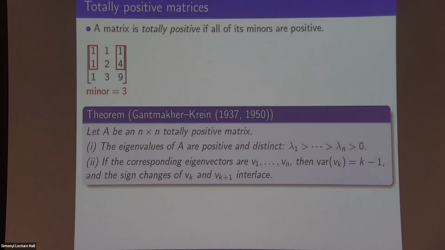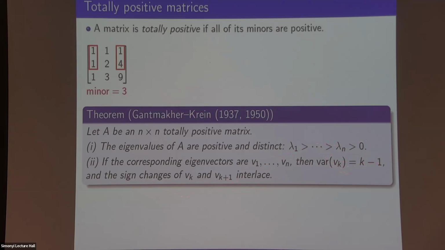If we have a square totally positive matrix, its eigenvalues over the complex numbers are positive, distinct real numbers. And if v_i is the eigenvector corresponding to lambda_i, then v_k has k minus 1 sign changes, and the positions of the sign changes of consecutive eigenvectors interlace.